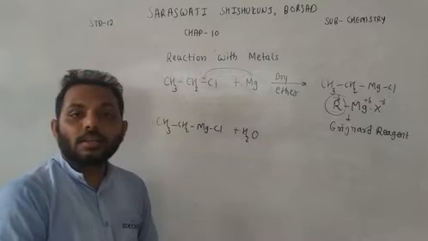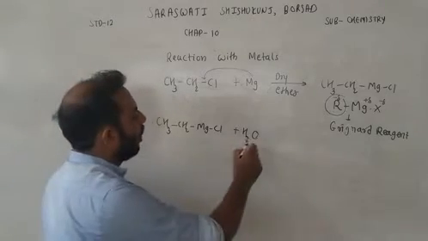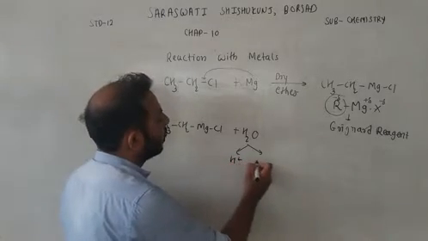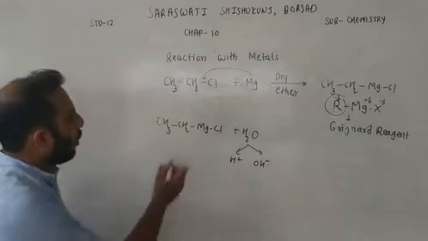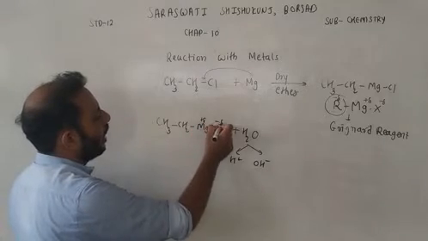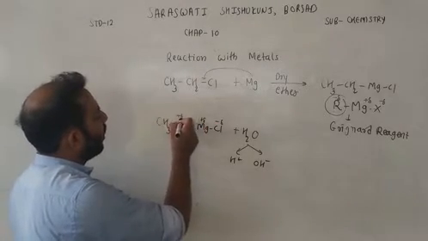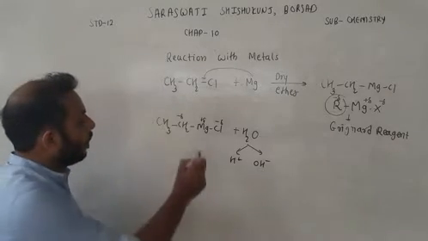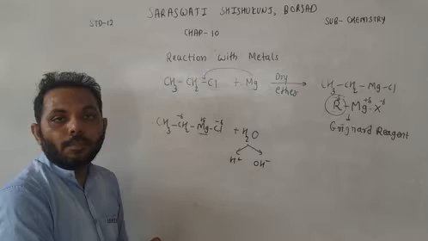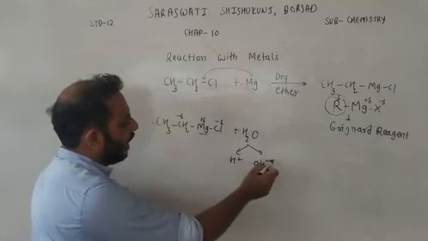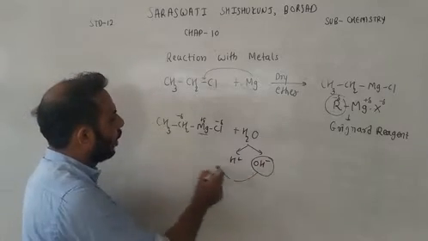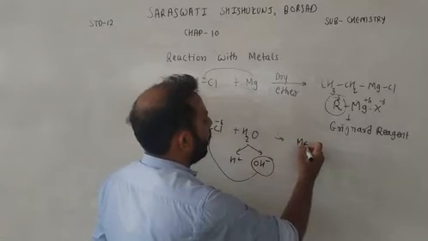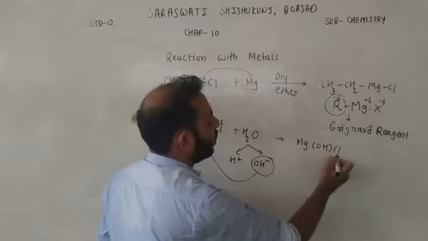Now, whenever there is reaction of water, we will divide water into H plus and OH minus. Magnesium has positive charge, halogen has negative charge, this carbon has negative charge. As we know, the positive charge of magnesium will attract OH minus, so we can get MgOHCl.